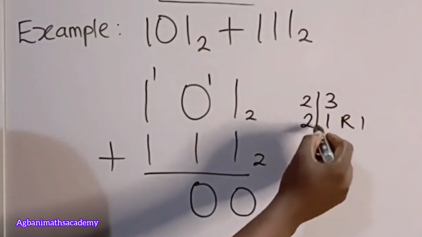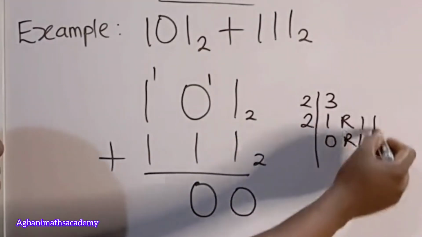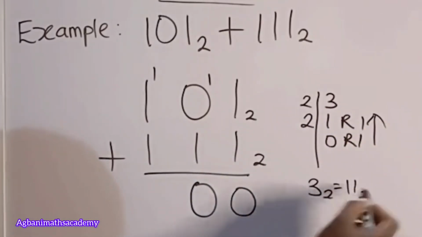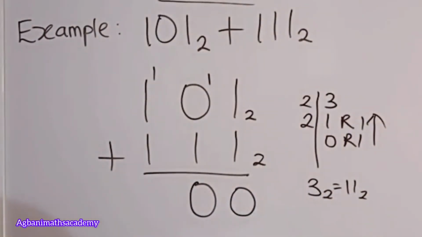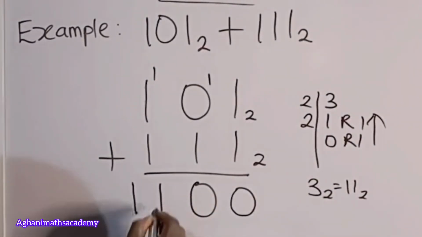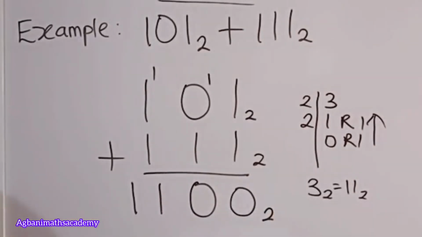We divide 1 by 2. 1 divided by 2 will give you 0, remainder 1. So that means 3 base 2 is the same thing as 11 base 2. Okay? So we're going to write 11 here, or 1 and 1. So the answer is 1100 base 2.